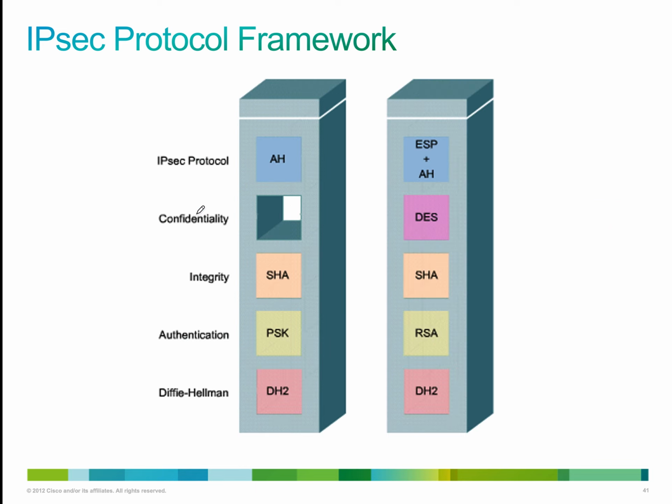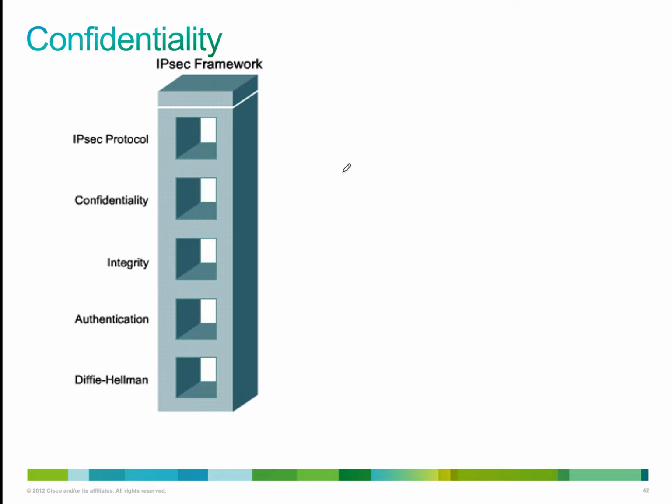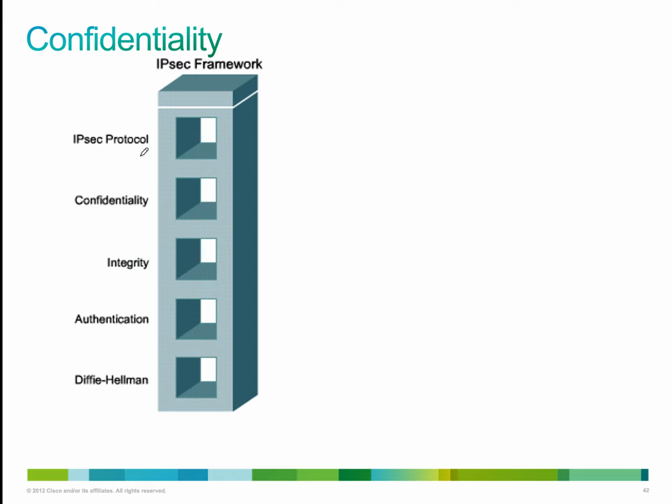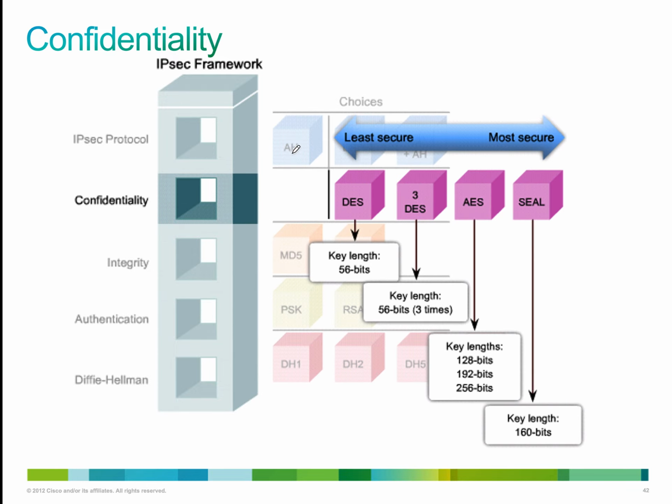Okay, so the IPsec protocol framework, looking at the framework, you can see the IPsec, the first one is the IPsec protocol, which we already described. Then the next one is the confidentiality. In the confidentiality, the least secure method to use for encryption is the DES, followed by a more secure one, 3DES.